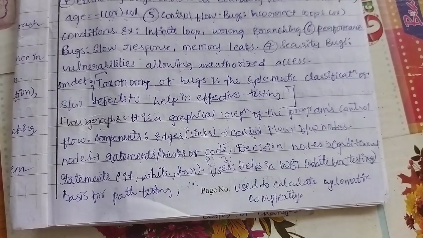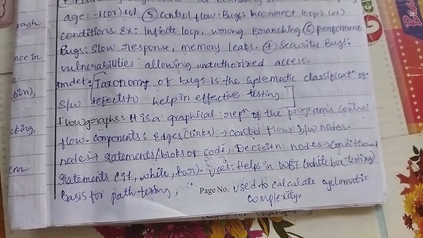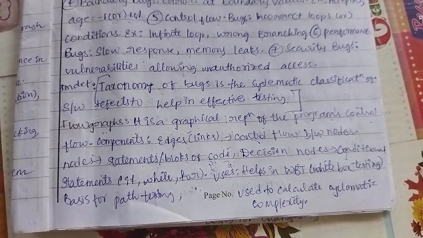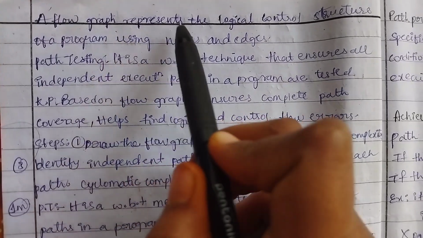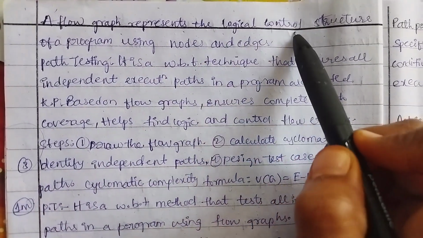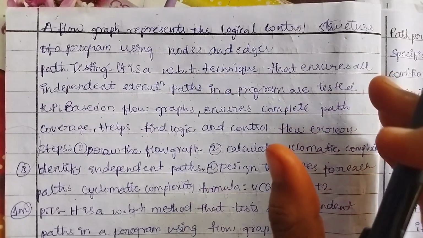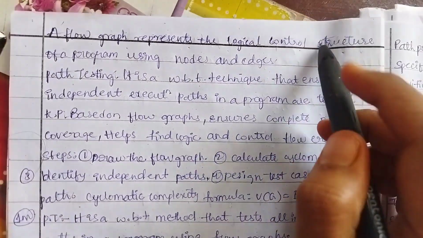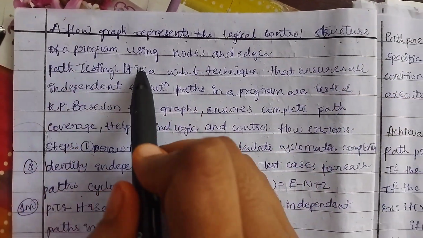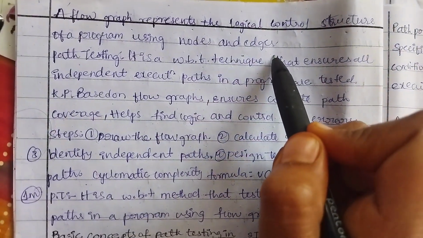In cyclomatic complexity cases we use this flow graph concept. A flow graph represents the logical control structure; its main purpose is representing the logical control structure of a program using nodes and edges.